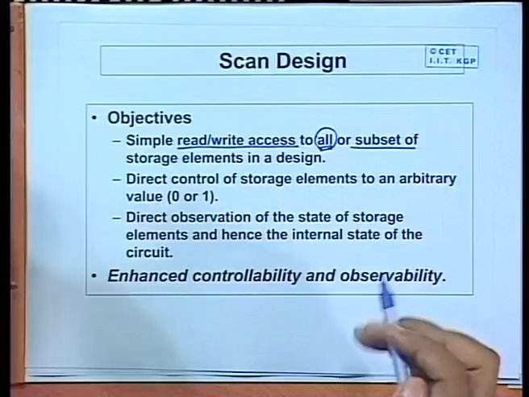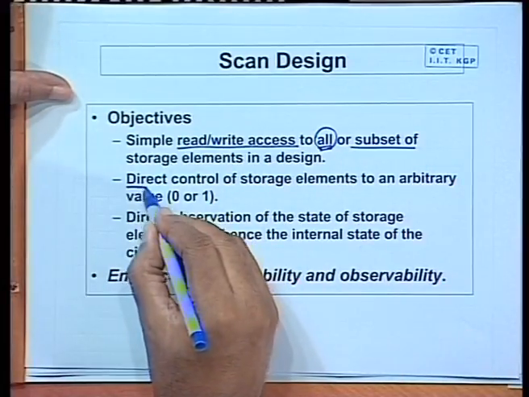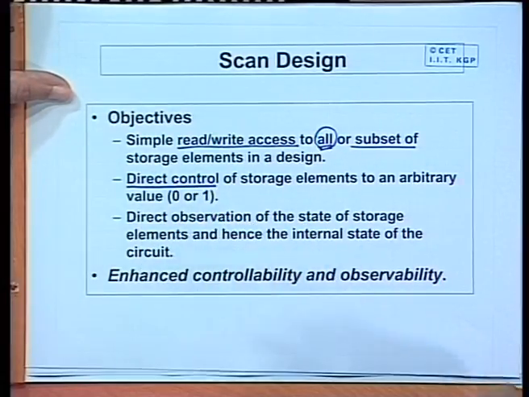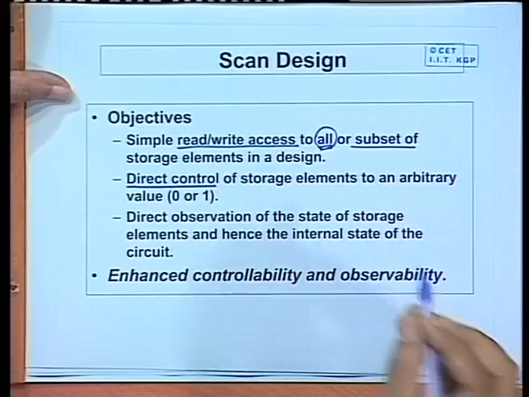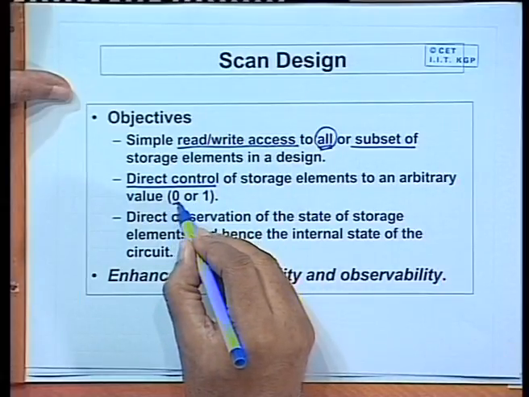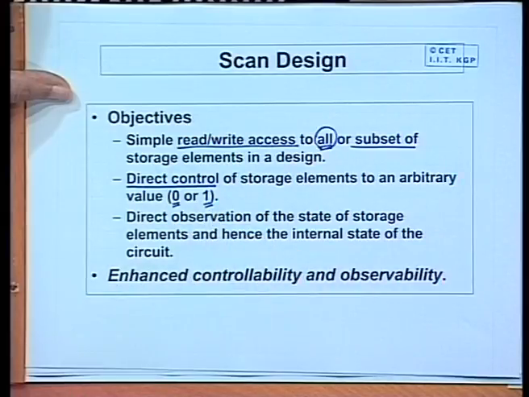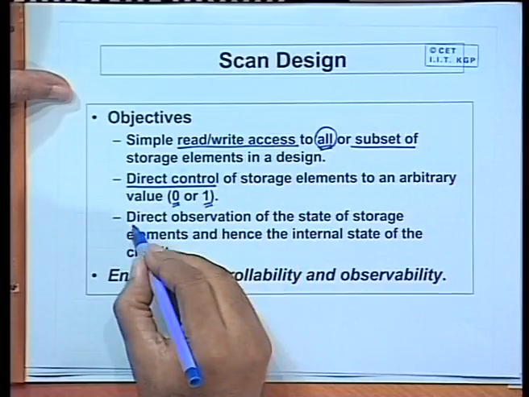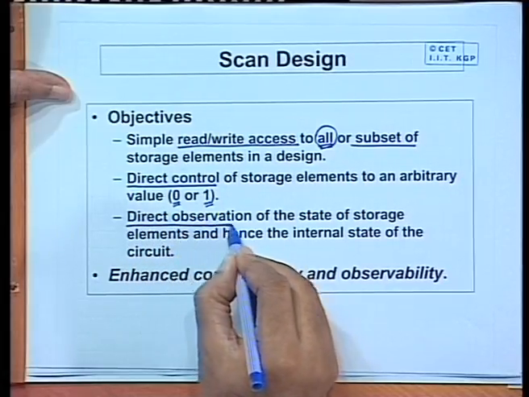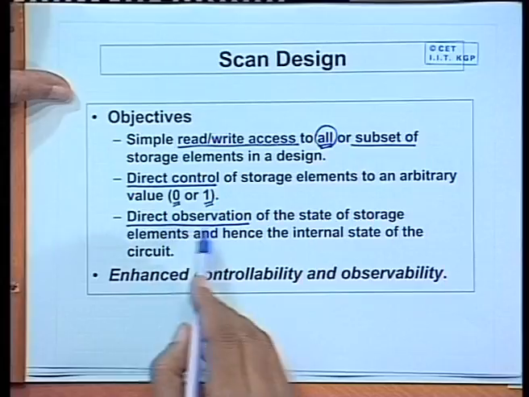And using this, what can we achieve? We can have direct control of these storage elements. We can set them to either logic 0 or logic 1 as the need arises. And the second thing is that we can also observe their values: direct control and direct observation.